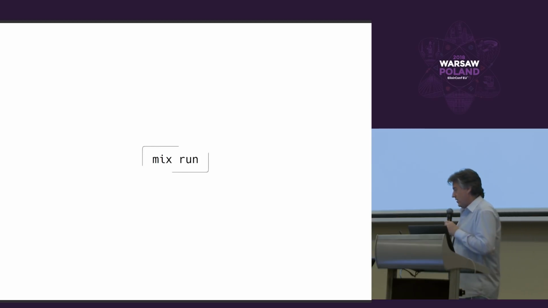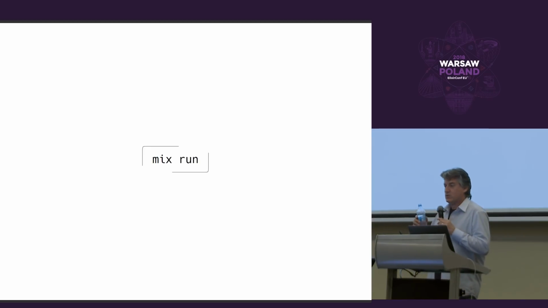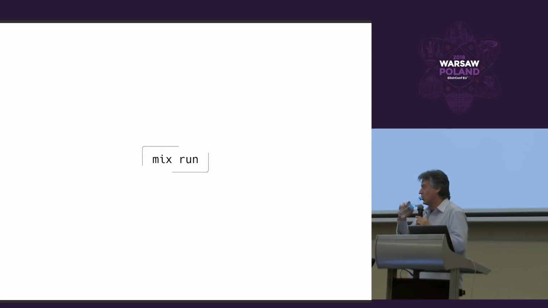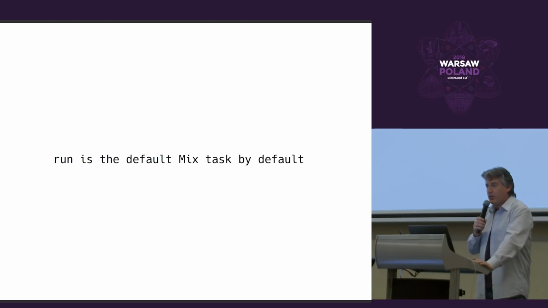Now we are going to see Mix run. So the objective is to understand what Phoenix server does, but before that we're going to see Mix run. Run is the default Mix task.